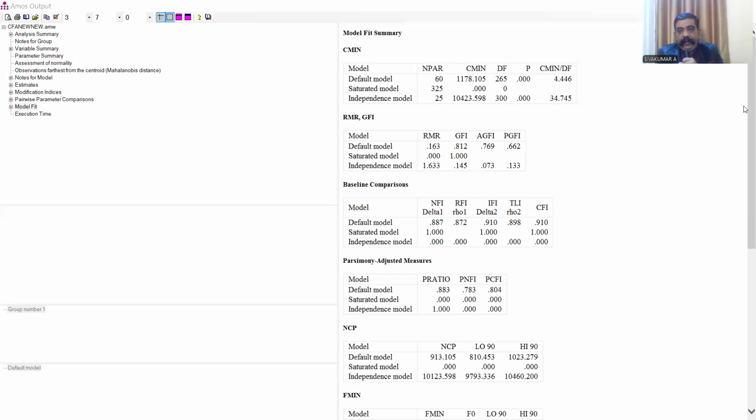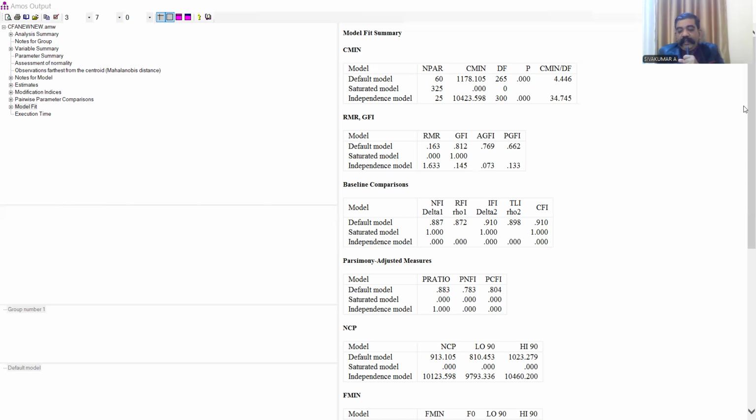In your thesis or article, you have to write absolute fit indices, then show the chi-square value and chi-square divided by degree of freedom. The next value under the absolute fit indices is GFI, the goodness of fit index.